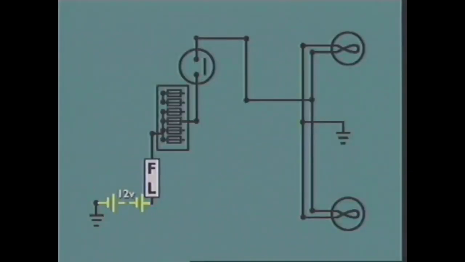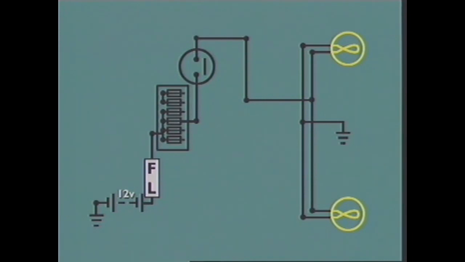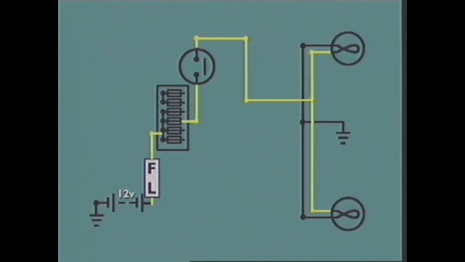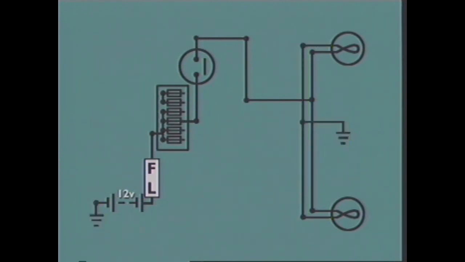The circuit consists of the battery, fusible links and fuses, a stoplight switch, stoplight bulbs, wiring to connect the components, and the ground circuit to return current from the filaments to the battery. When the operator of the vehicle depresses the brake pedal, a switch mounted on the pedal support is closed.